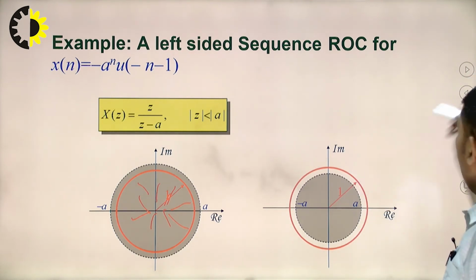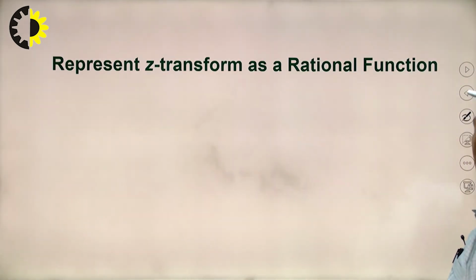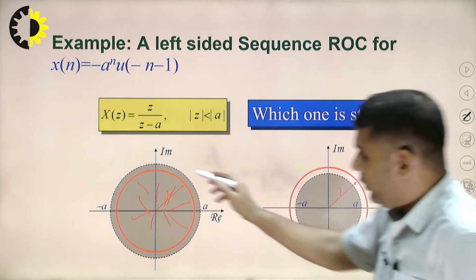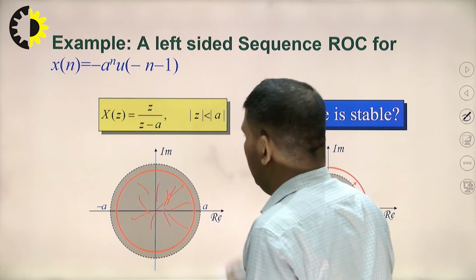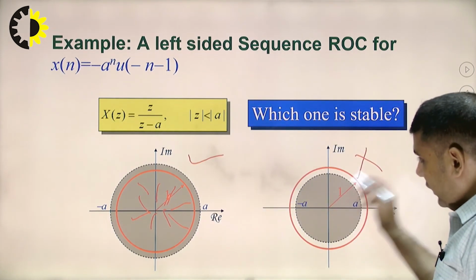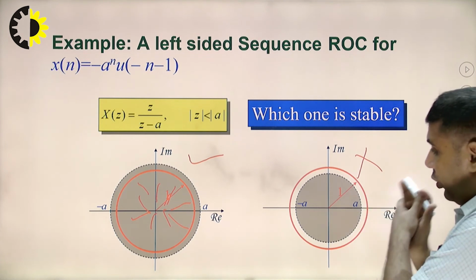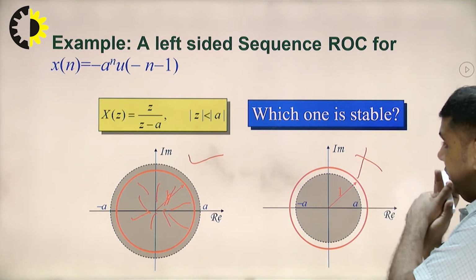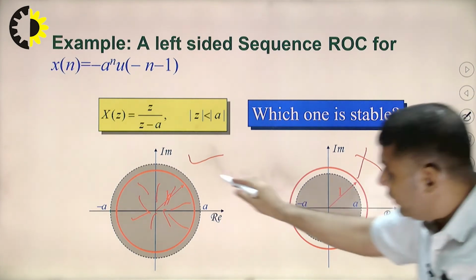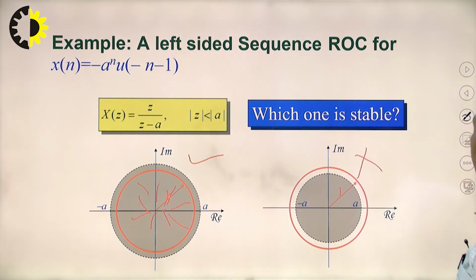Which one is stable of these two? Here the unit circle is within the ROC, so this one is stable. This one is not, because the unit circle is outside the ROC. The region of convergence must contain the unit circle. So this one is stable, this one is unstable.